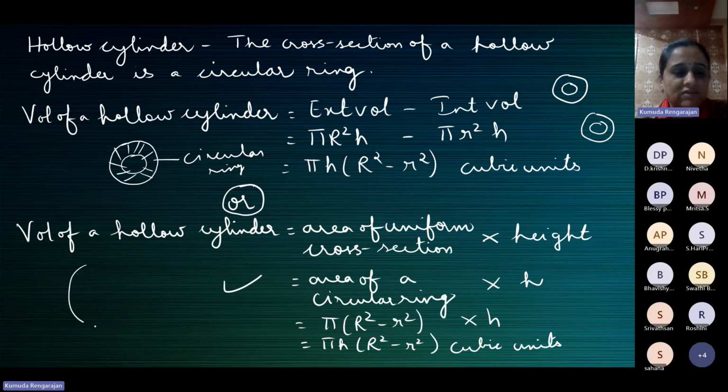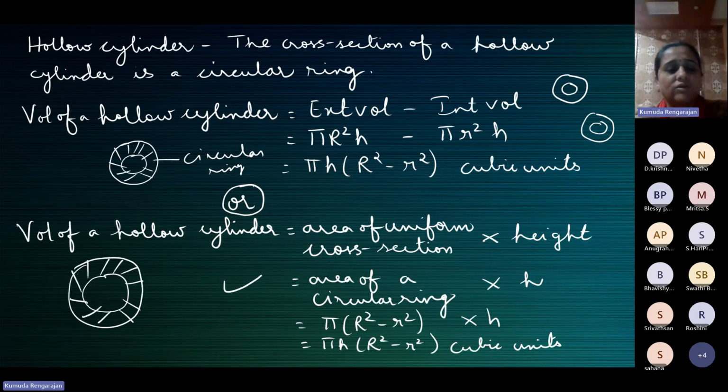Now you have seen in standard 8 how to find the area of this shaded region. It is the area of the outer circle, pi capital R square, minus the area of the inner circle, pi small r square.